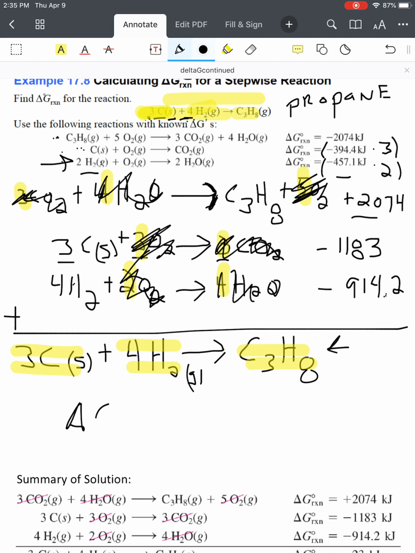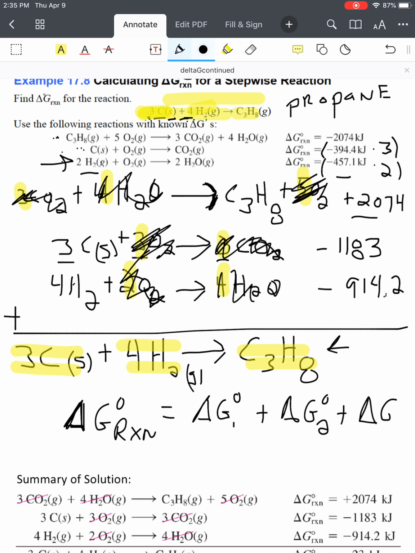So if I want to compute my delta G0 for this reaction, this approach that we're describing now tells us that if we add together 3 reactions, all you do is add together the individual delta G's for the reactions that you sum together.